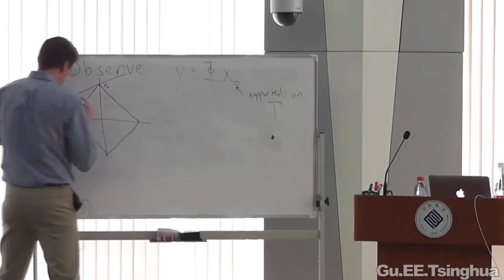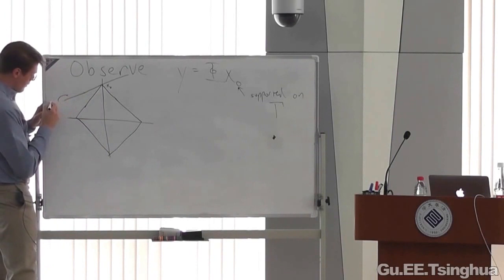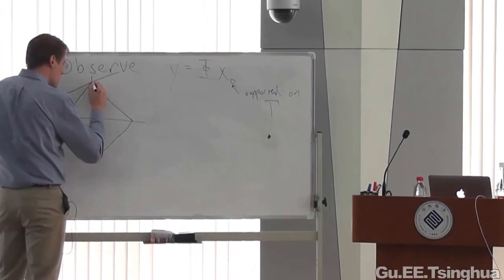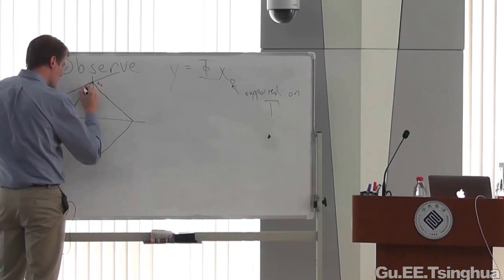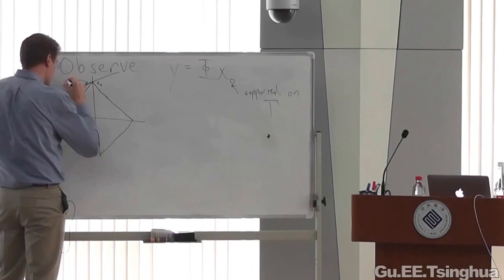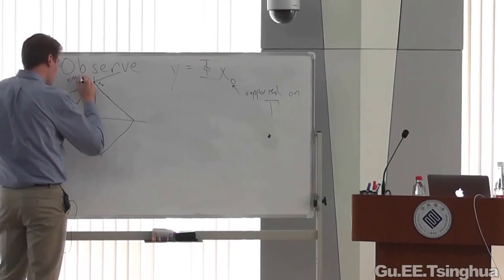And this line here is the set of x such that phi x equals y. What does that mean? It means that if I move along this line, this would be something in the null space of phi.